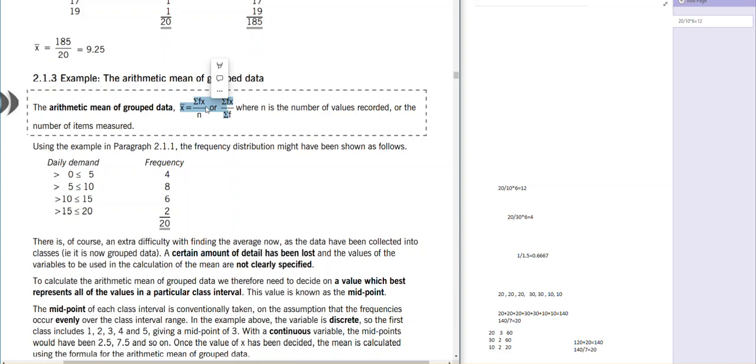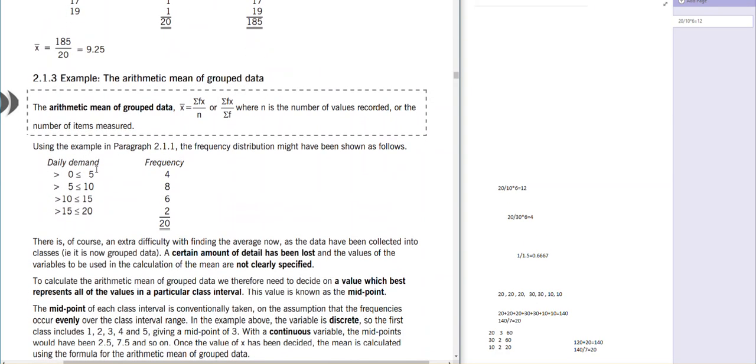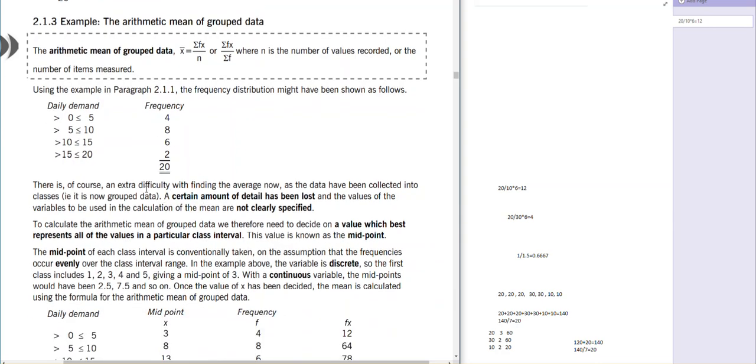So the formula is also given, which is frequency times value divided by units. Okay. What if data is not given individually like this? If it is given in groups, like here we have from 0 to 5, we have 4 times, from 5 to 10 we have 8 times, from 10 to 15 we have 6 times. Some data, for example here, could be 1, some could be 2, some could be 3, but we don't go into that much detail.